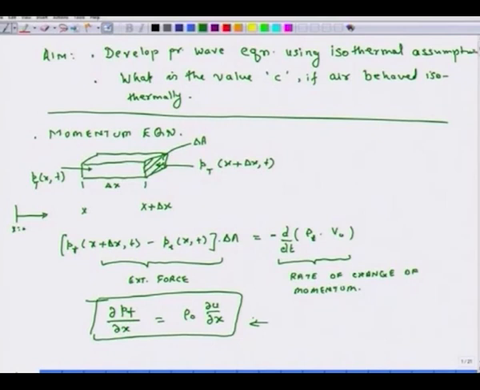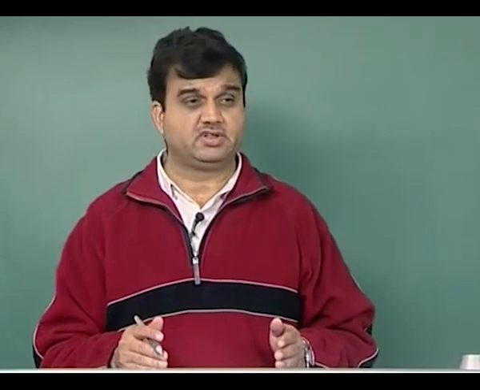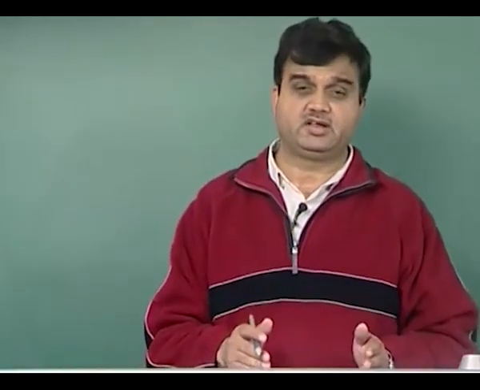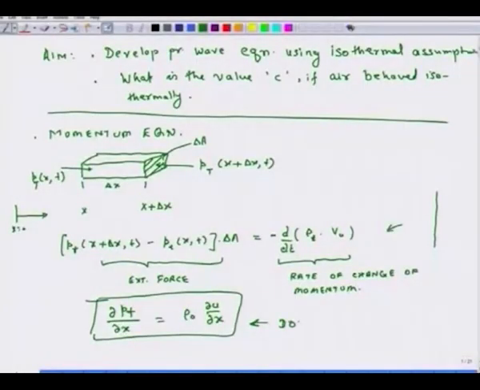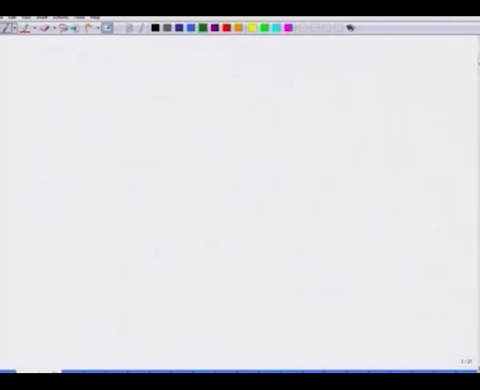And as we see, in the development of this momentum equation, there is no influence of the behavior of gas. It does not matter whether gas is behaving adiabatically or isothermally. So, this momentum equation does not change.